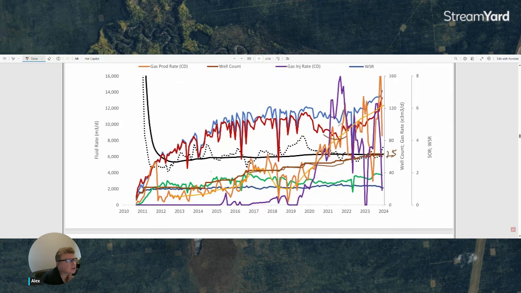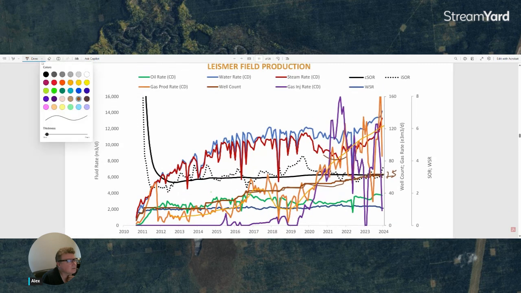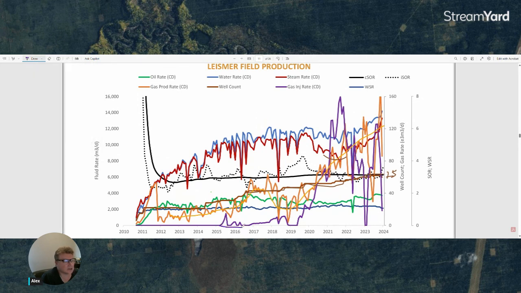You would notice the purple line, and the purple line tells us a really cool story of NCG co-injection. So towards 2020, there is huge uplift in injection rate for NCG co-injection in the purple line. You guys see it? And the orange line is the gas production rate that's been taking place.